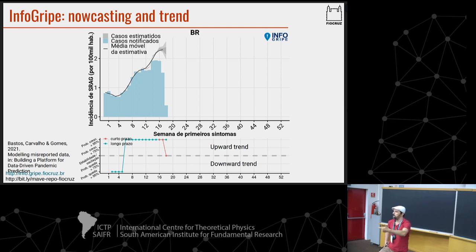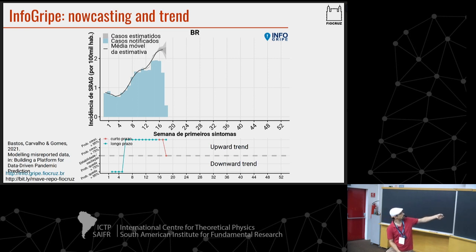If it's below 95 but above 75, I say that there is a moderate indication that the cases are going down. If neither of those things is true, I can say that, well, things are more or less stable. They are just fluctuating around the mean.